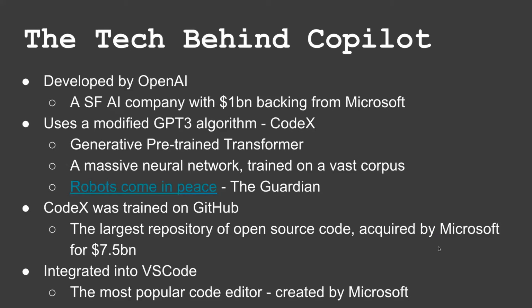So considering the technology behind Copilot, there's some fascinating and significant technology that sits behind it. Copilot was developed by a San Francisco-based company called OpenAI. Interestingly, OpenAI was founded by Elon Musk and a couple of other characters. Their original idea in founding this company was that they considered AI to be something of an existential threat.